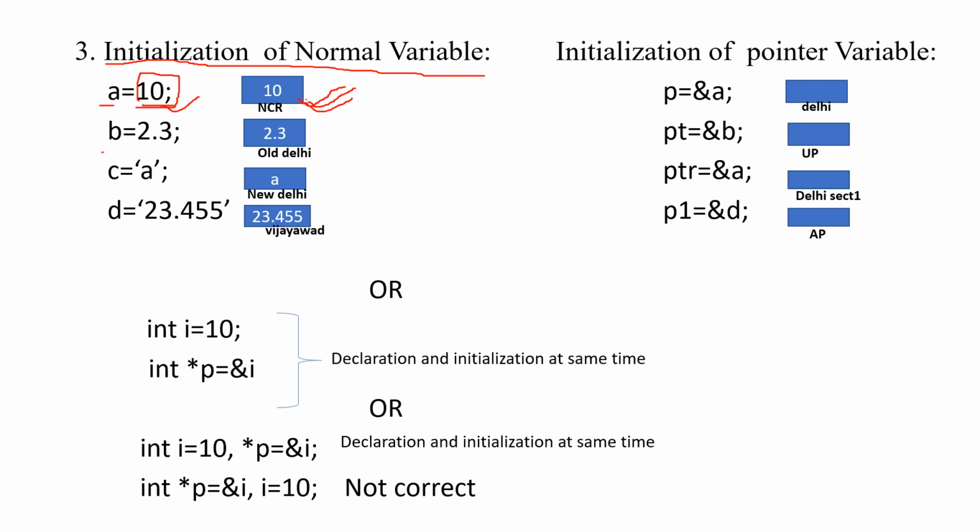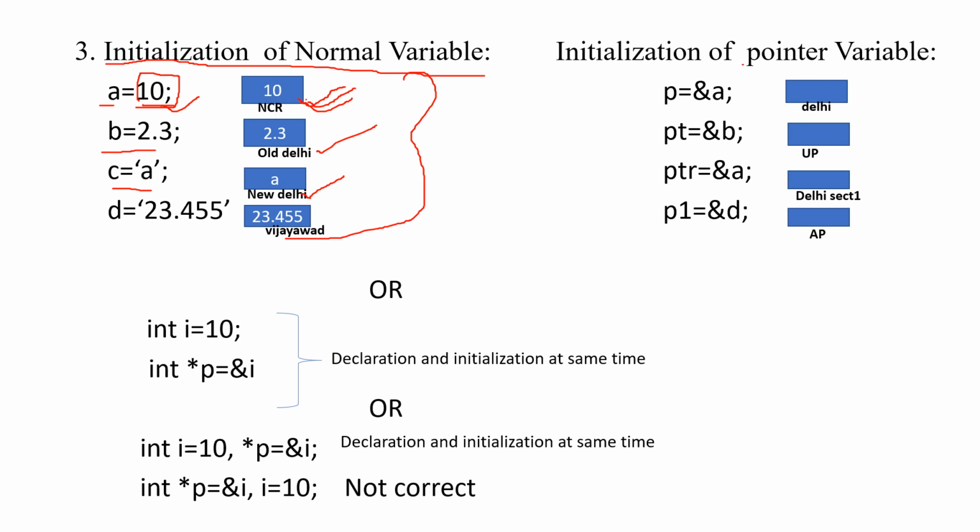Similarly, if it is b equal to 2.3, that is going to be stored at that place. c equal to a, so a's value is going to be stored in c's space, right? So this is the normal variable. Simply, the value is stored there.